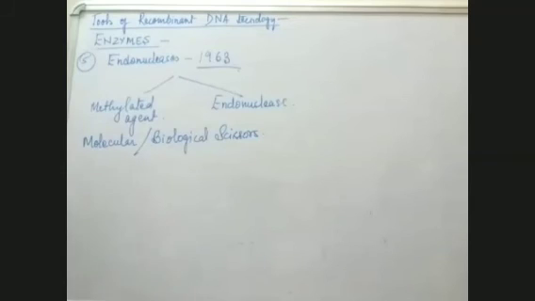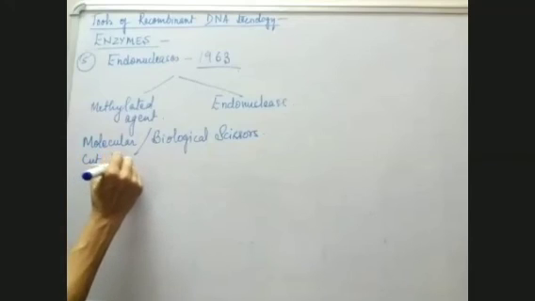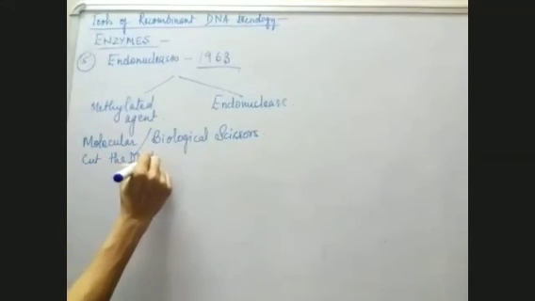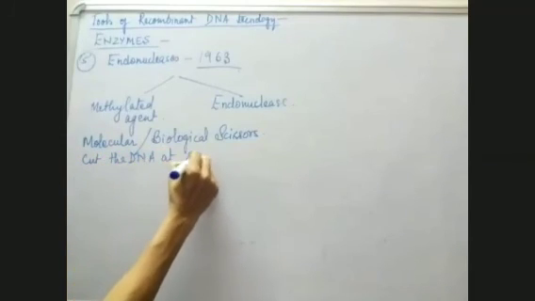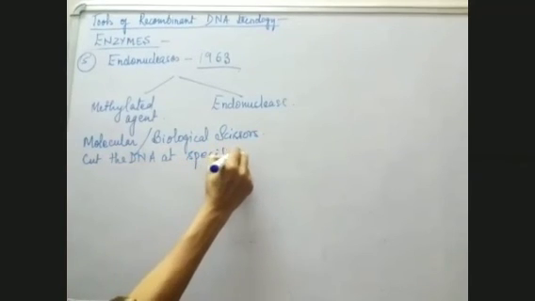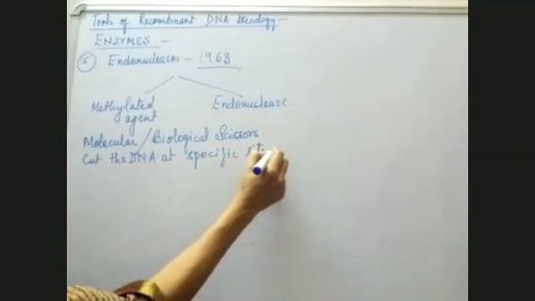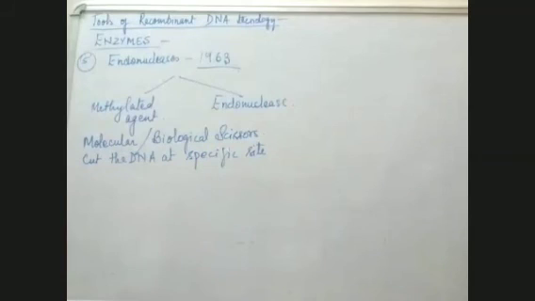Now we have to be very clear: they cut the DNA at a specific site. That is why they are known as restriction endonucleases. They are restricted to make a cut on DNA at a specific site.